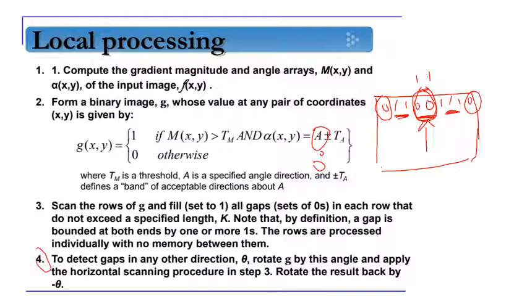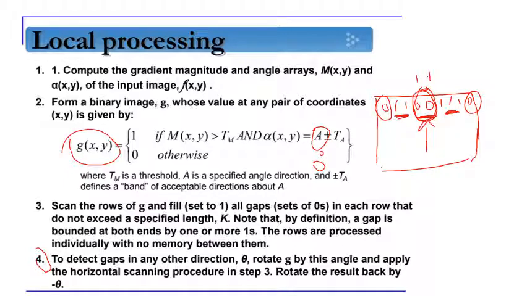What does step 4 say? To detect the gap in the other direction, we have to rotate g of xy by the angle theta. While applying the 4th step, we are not using the original image f of xy, but the resultant image g of xy.